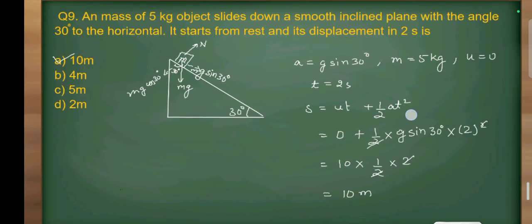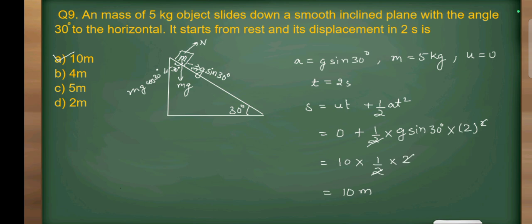Question number 9. An object of mass 5 kg slides down a smooth inclined plane with angle 30° to horizontal. It starts from rest and its displacement in 2 seconds is. So here the object is sliding down an inclined plane where the angle of inclination is given as 30°.